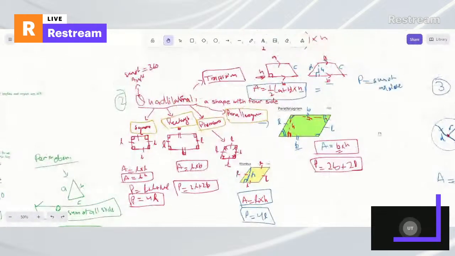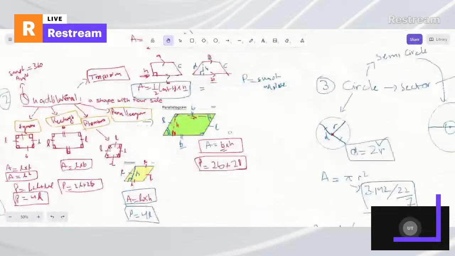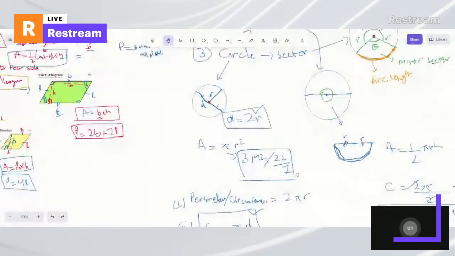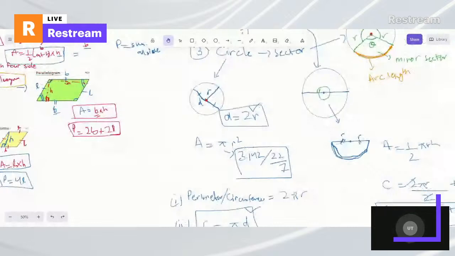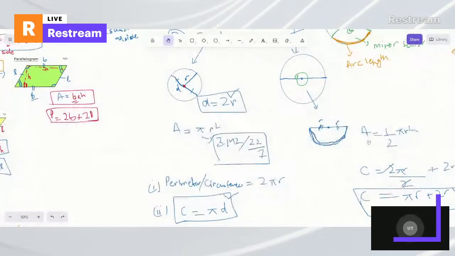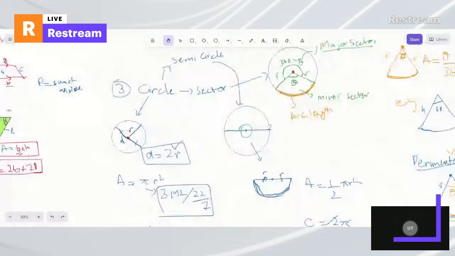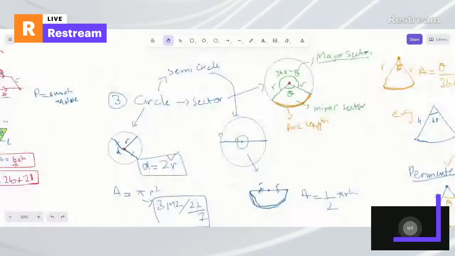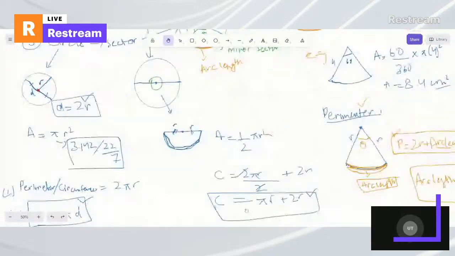Then we moved on to another shape, which is called circles. We discussed the area of a circle, and the perimeter, or what we call the circumference, of a circle. Then we moved on to how to solve the questions of semicircles. I discussed how you would find the perimeter of a semicircle.